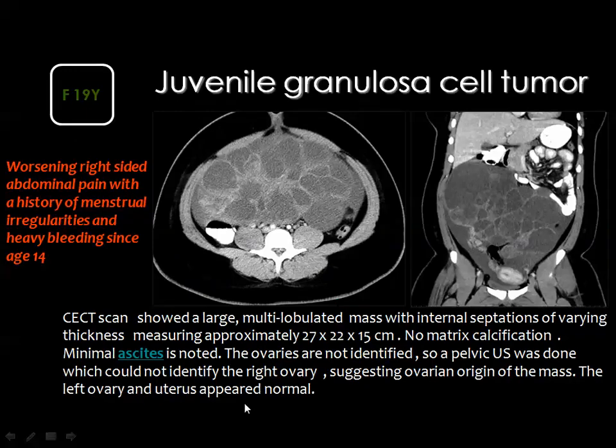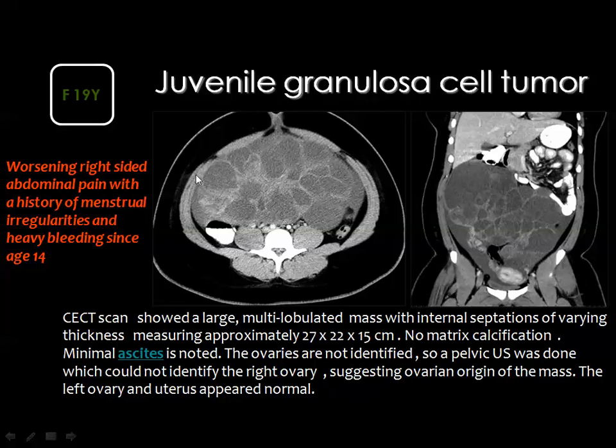And as I have said, in order to diagnose the granulosa cell tumors or the dysgerminomas easily, you look for the age of the patient and the size of the tumor. These lesions are usually very big and they occur at a relatively younger age.